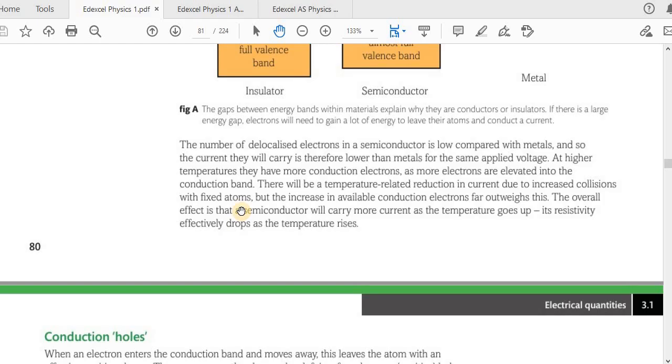And here also it happens, but the increase in available conduction electrons far outweighs this. So compared to that vibration in semiconductors, it releases more free electrons. The overall effect is that a semiconductor will carry more current as the temperature goes up. Its resistivity effectively drops as the temperature rises. So this is for semiconductors, but not for metals.